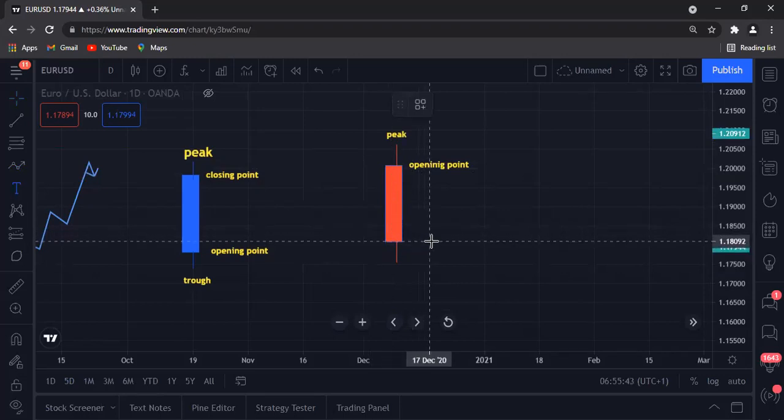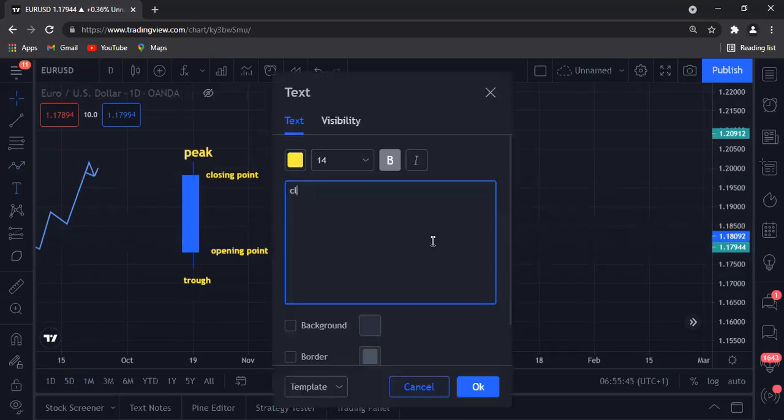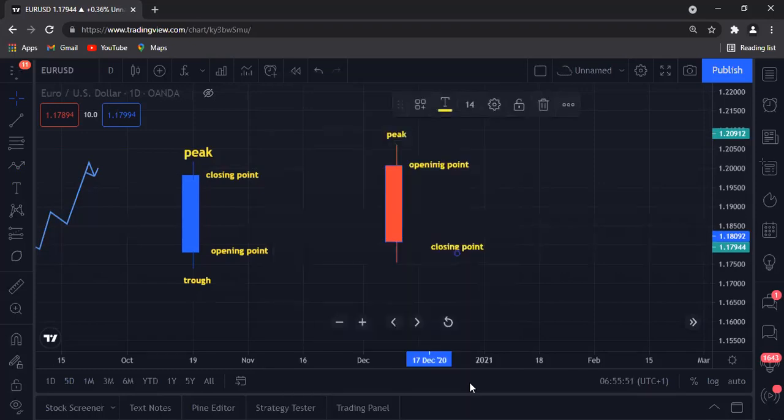You have this to be the closing point. So for the bearish, it closes below its opening point, and for the bullish, it closes above its opening point.